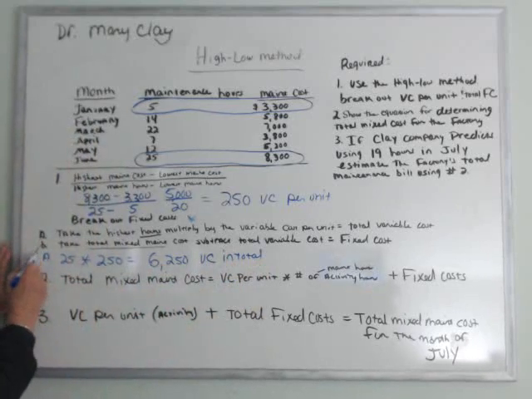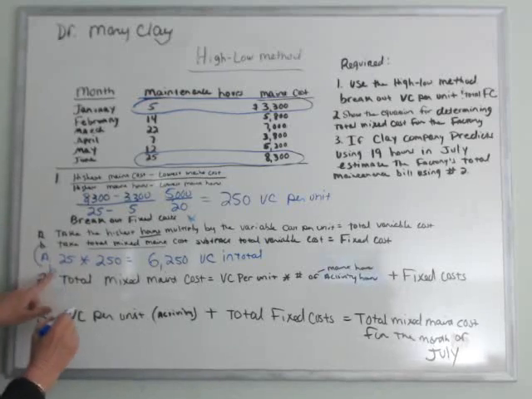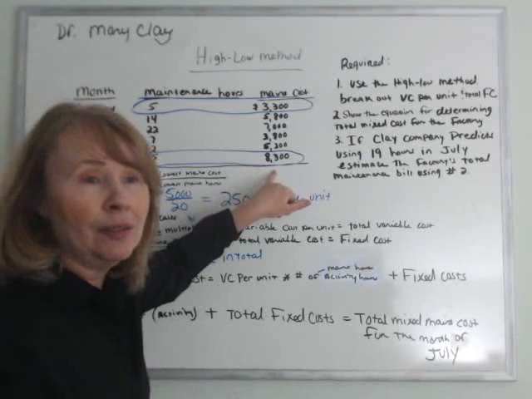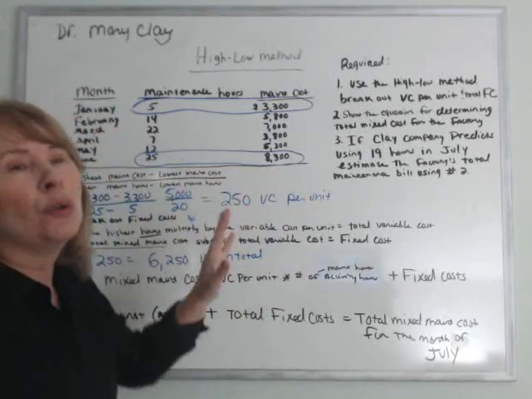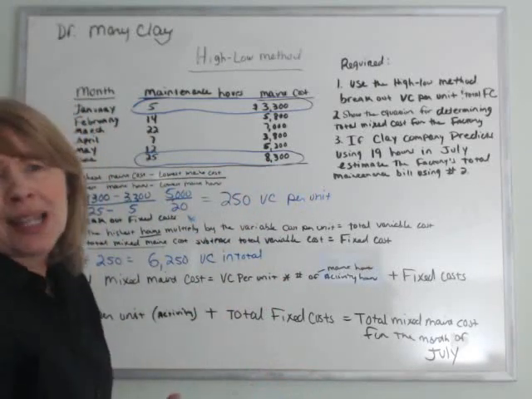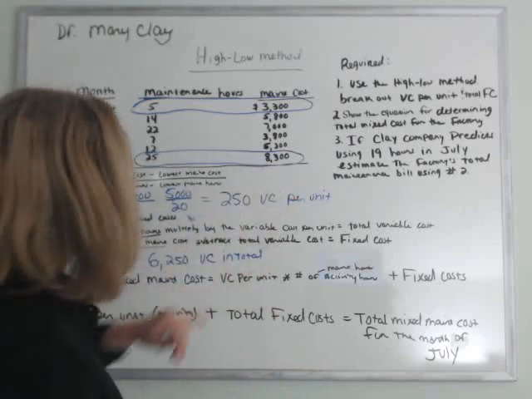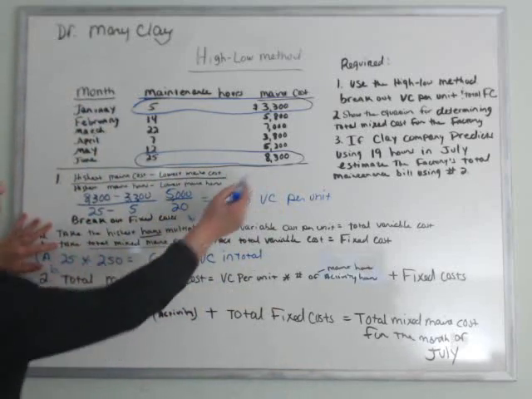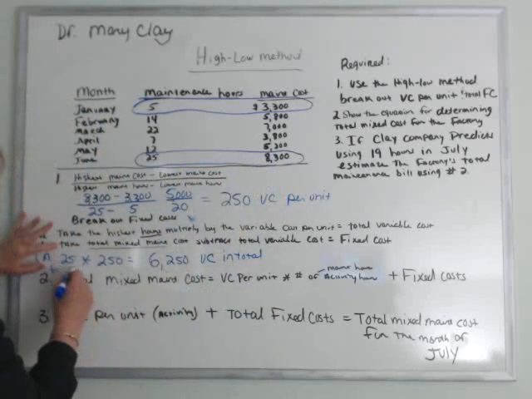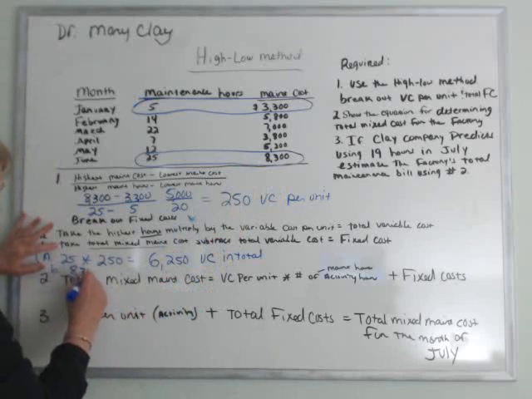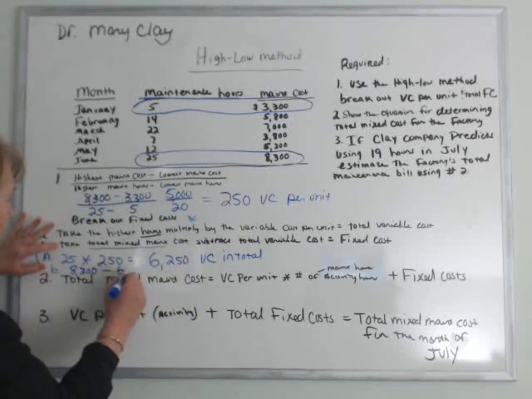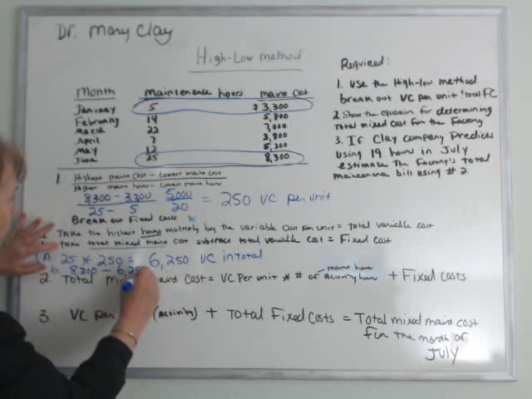Our B, watch, I am next going to focus on the high level. With this method, you could do the low level and you get the same answer, so test that outside. So you're going to take 8,300, the total mixed cost, remember this is a mixed cost, and then I'm going to subtract out my variable cost in total, 6,250.